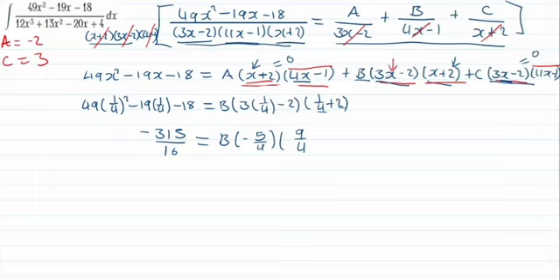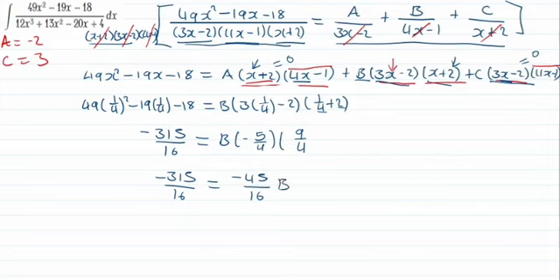So just rewriting this other side, we have negative 315 over 16, which is equal to, when you multiply this, we are going to get negative 45 over 4 times 4, we get 16, then b.